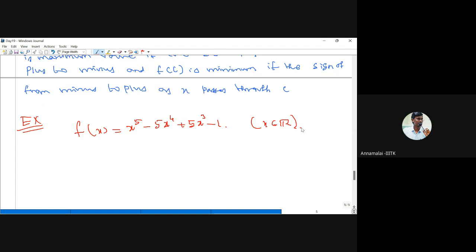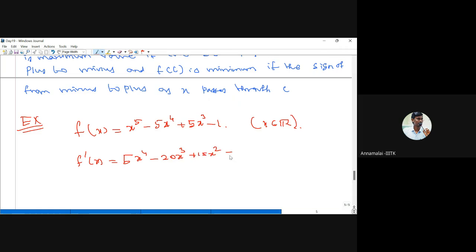So first you have to take the derivative and then take it equal to 0, and find the values of x. That is a critical point, so we say. So what is f dash of x? You have to differentiate term by term. So f dash of x equal to 5 times x power 4 minus 20 x cube plus 15 x square, and derivative of 1 is 0.